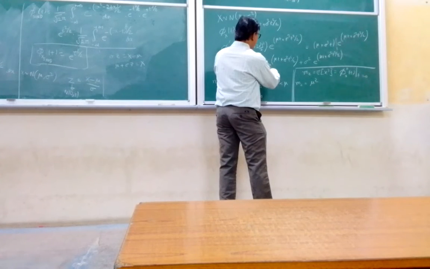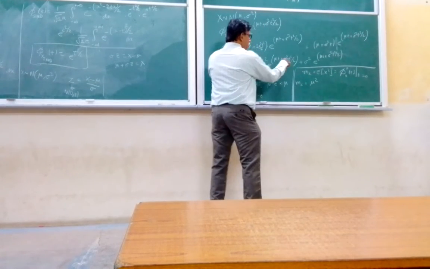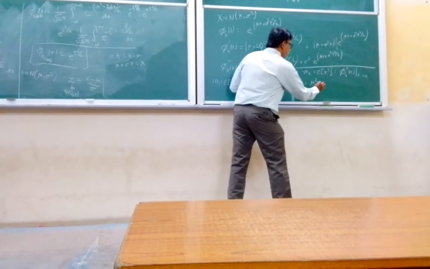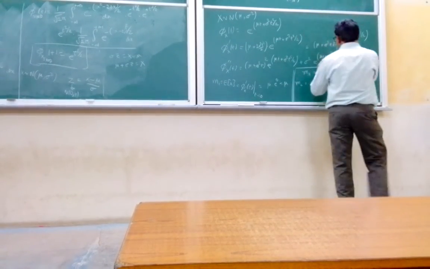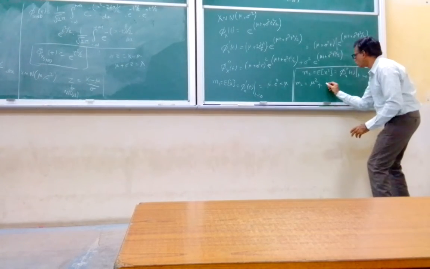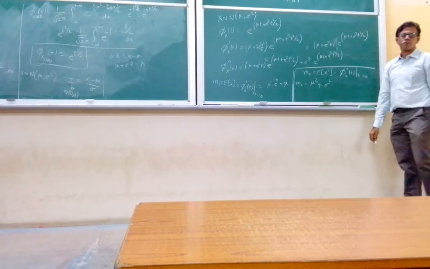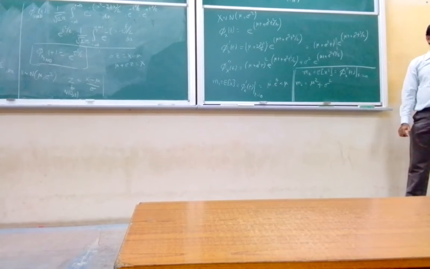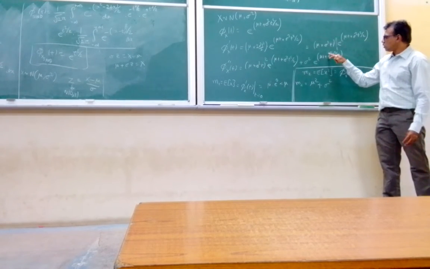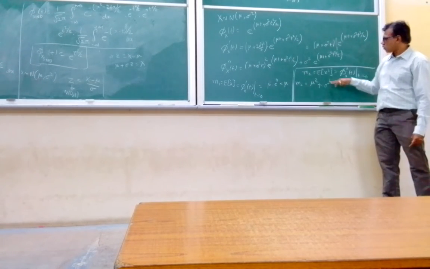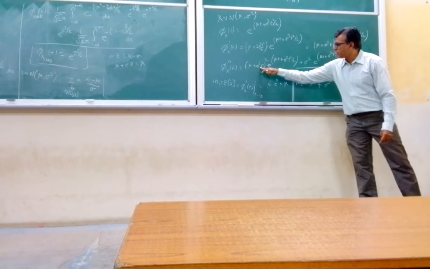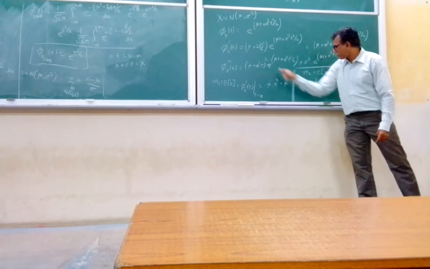This will be mu squared, and if you substitute t equal to 0 here, this is e power of 0, that is 1 only. And here, this factor is 1, you will have sigma squared. Here again, just this factor is 1, but t is equal to 0, so it is mu squared.